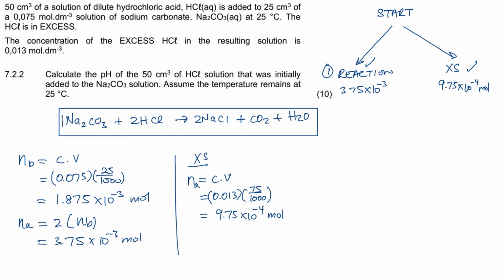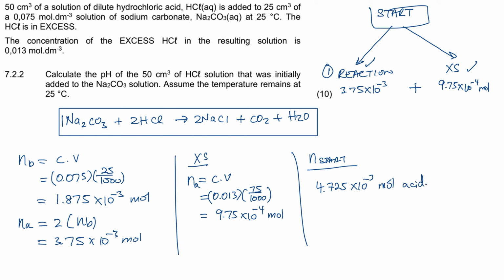So we have that, and if we add them up, we'll get the number of moles at the start. Number of moles at the start is going to equal 3.75 plus 9.75 × 10⁻⁴. And that's going to give us 4.725 × 10⁻³ moles of my acid.